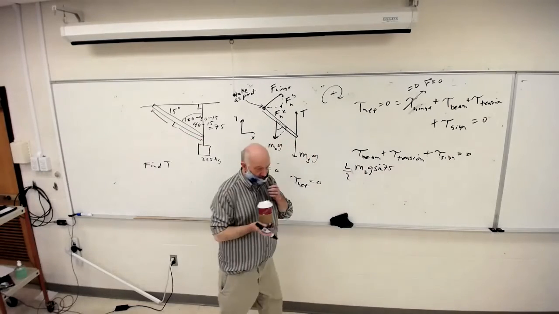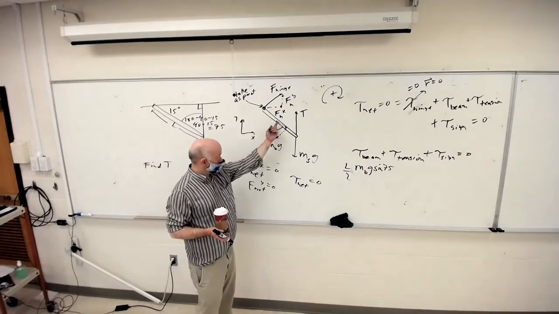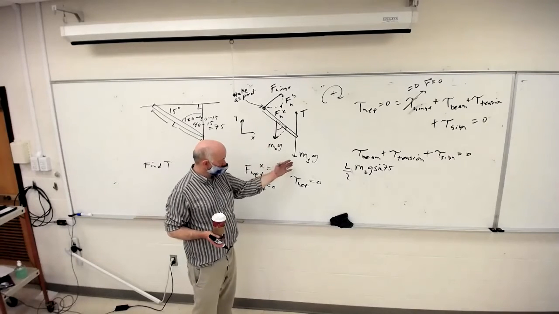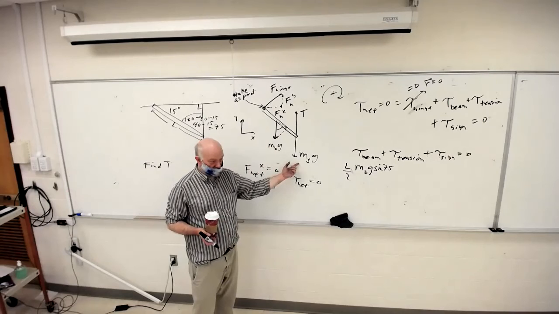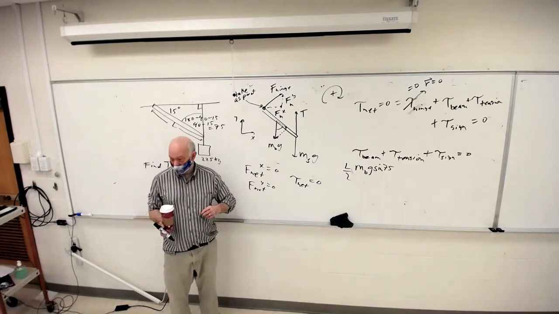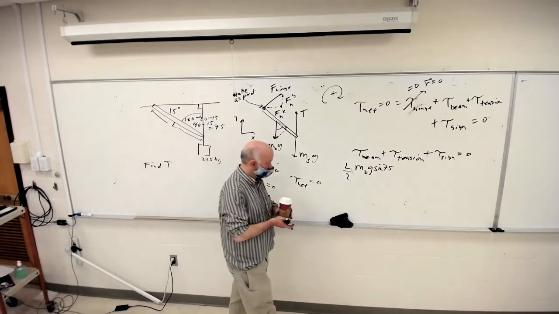Is that a positive torque or negative torque? It's going to be positive, because that force is going clockwise. Yeah, that'll cause a clockwise rotation. Okay, let's put in the sine. L over 2 times MG times sine of 75.